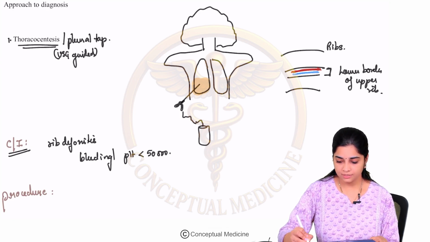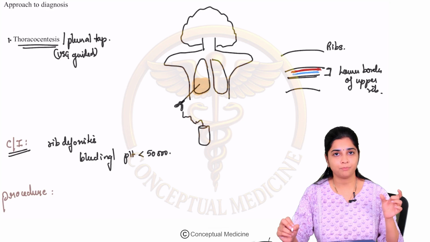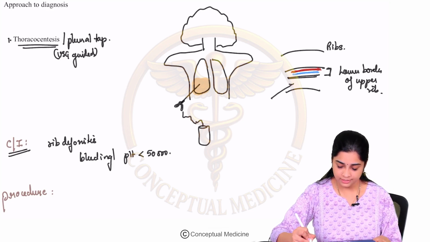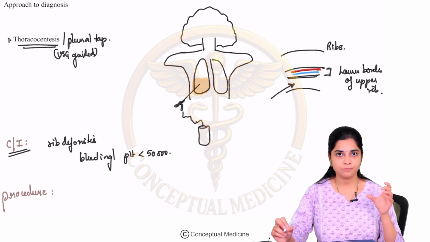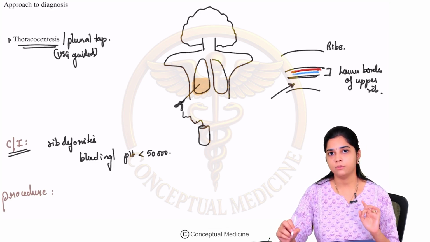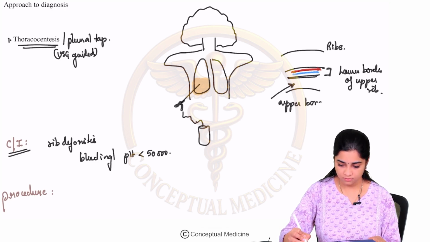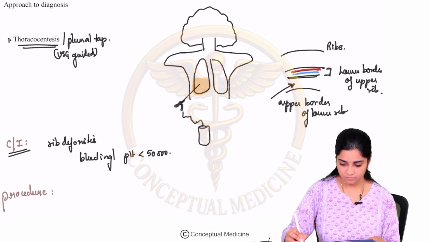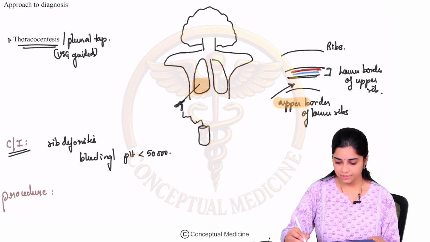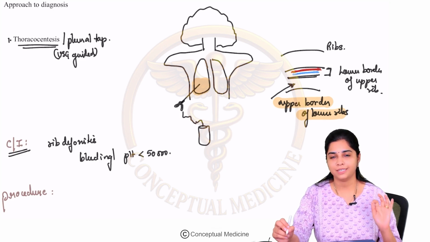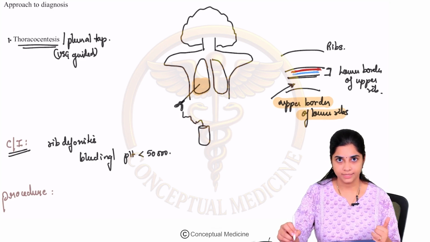So the vasculature is present in the lower border of the upper rib, and hence if you want to introduce a needle and enter the pleural space between two ribs, always go along the upper border of the lower rib. Okay, so you always go along the upper border of the lower rib to ensure that you do not hit any of the vessels and cause bleeding, right?